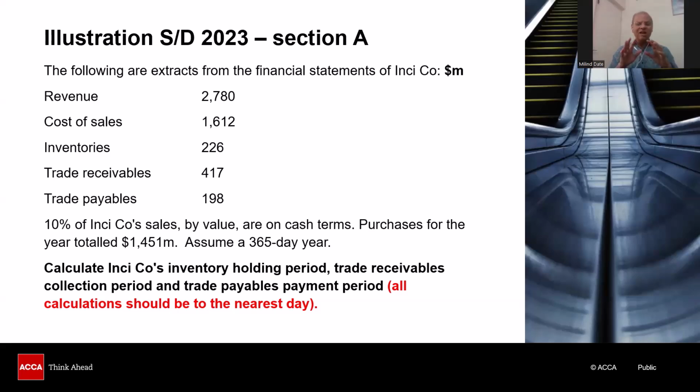Now, after having understood the numbers that are given, followed by these small bits of information, let's look at the requirement line. You're supposed to calculate. Calculate what? Inventory holding period, trade receivables period, and trade payables payment period.